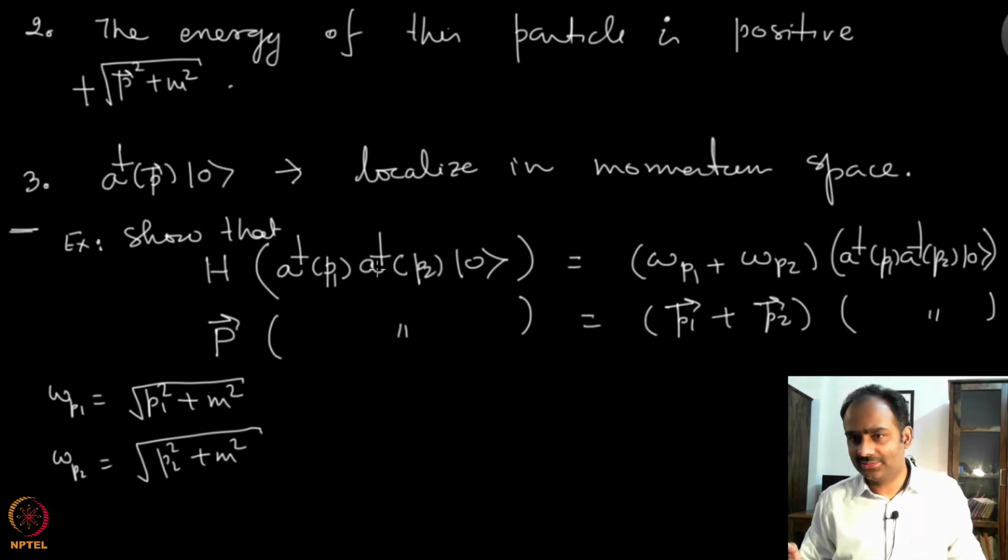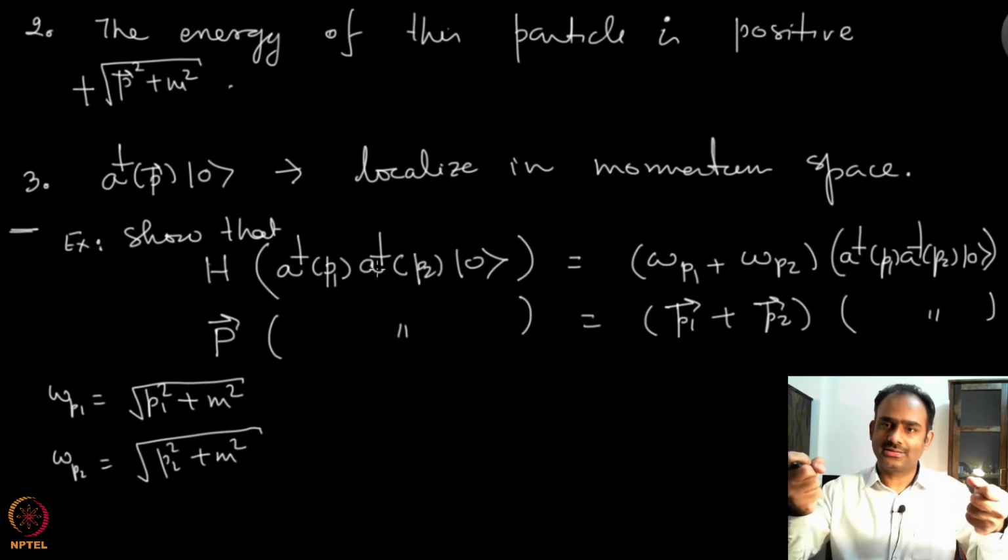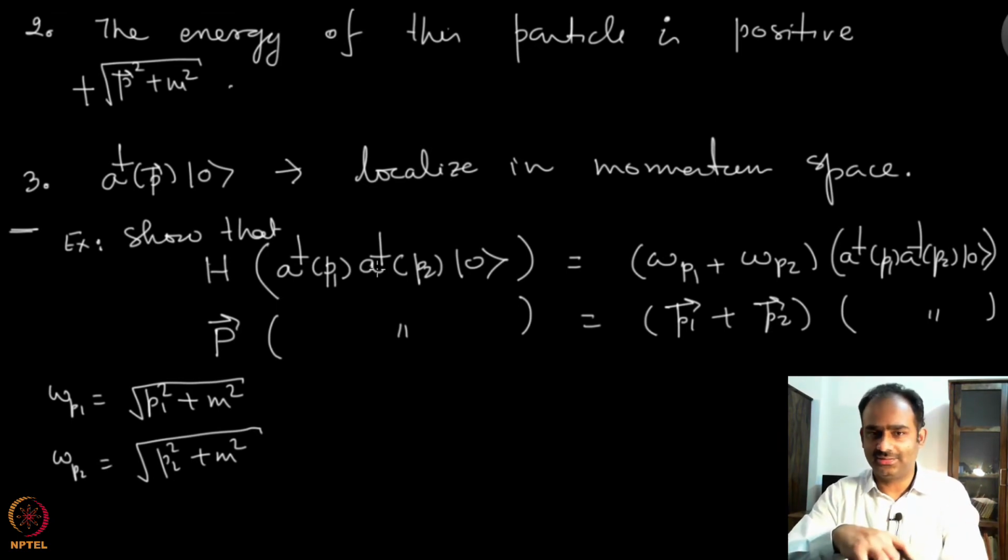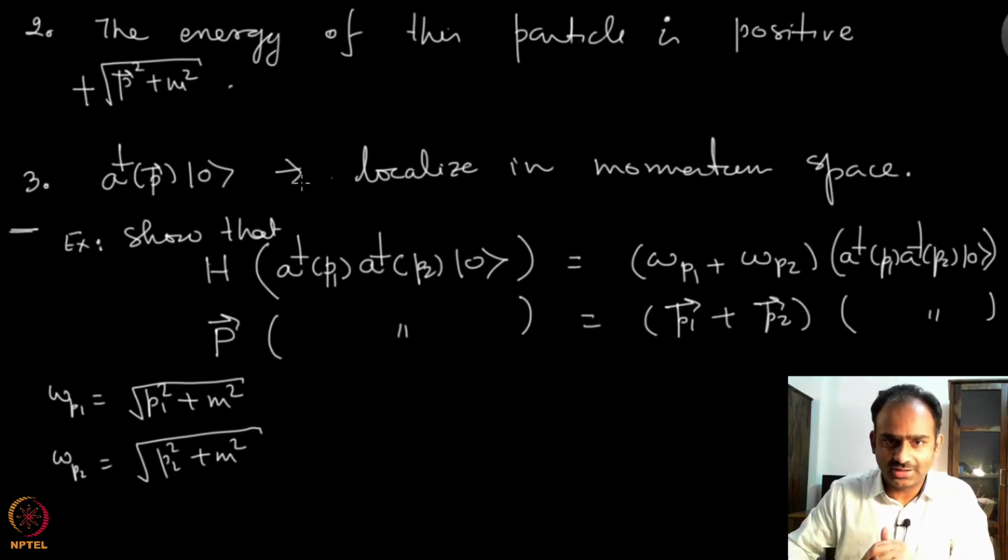So, this part should be clear, because if you have two particles and if their momenta and energies just add up, then the only way this will work out is if they are not interacting. I mean, if they interact, then this will not hold true. So, you have two particles which do not interact, and this system represents a two particle state.